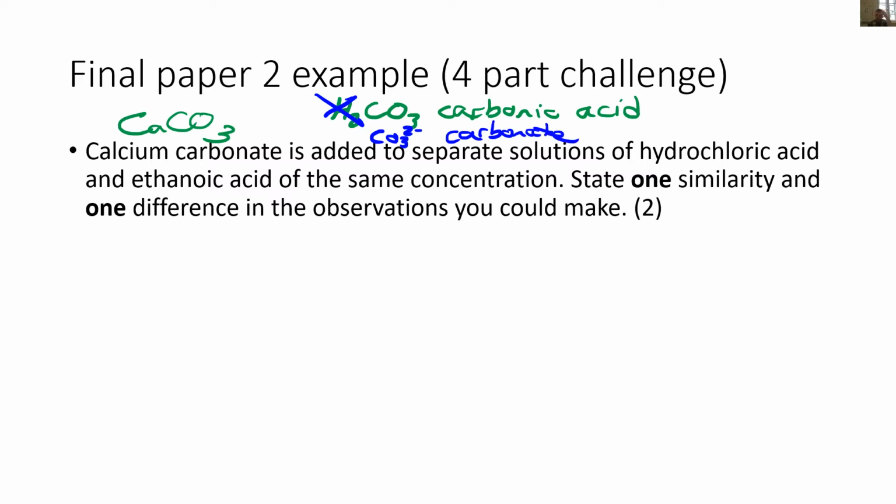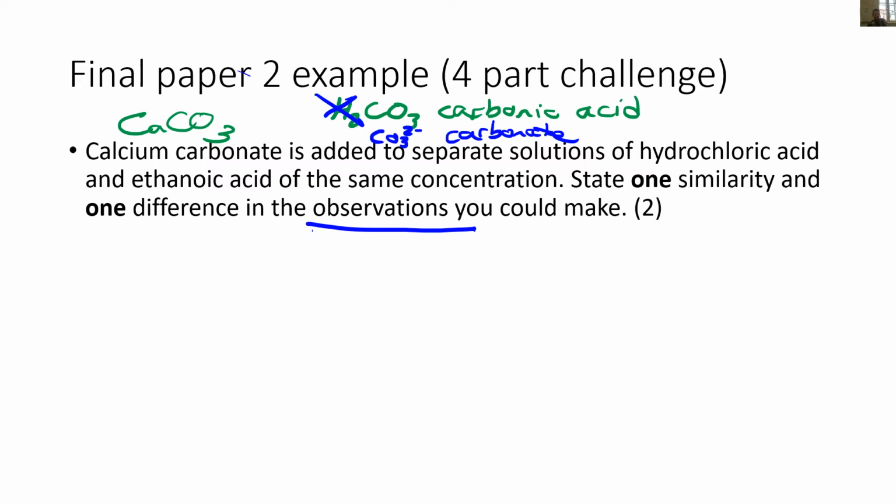All right, calcium carbonate is added to separate solutions of hydrochloric acid and ethanoic acid of the same concentration. State 1 similarity and 1 difference in the observations you could make. I hate these questions because I never know what they're looking for.